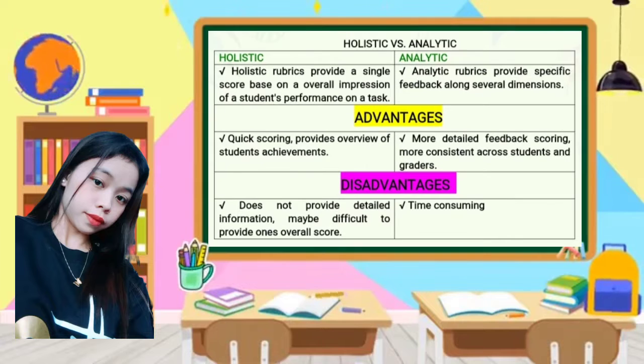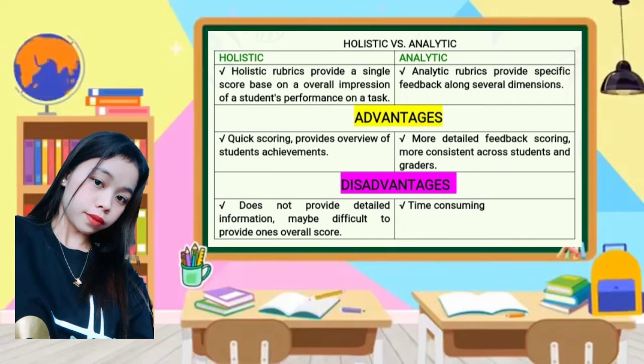So we have the holistic and analytic advantages and disadvantages. Holistic rubrics provide a single score based on the overall impression of students' performance on a task, while analytic rubrics provide specific feedback along several dimensions.